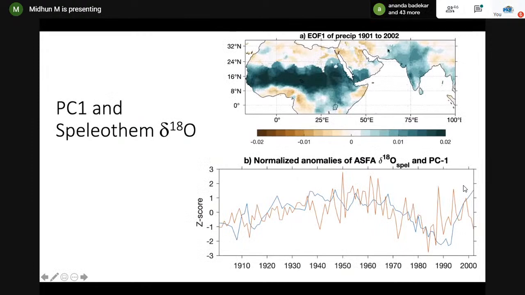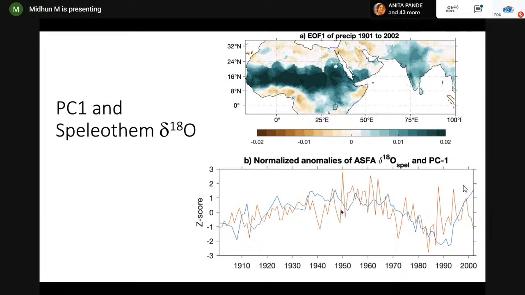This is the time series of precipitation from 1901 to 2002, and here the red line indicates PC1 and the blue line indicates the time series of speleothem delta 18 from the cave. You see on longer time scales, they agree very well.